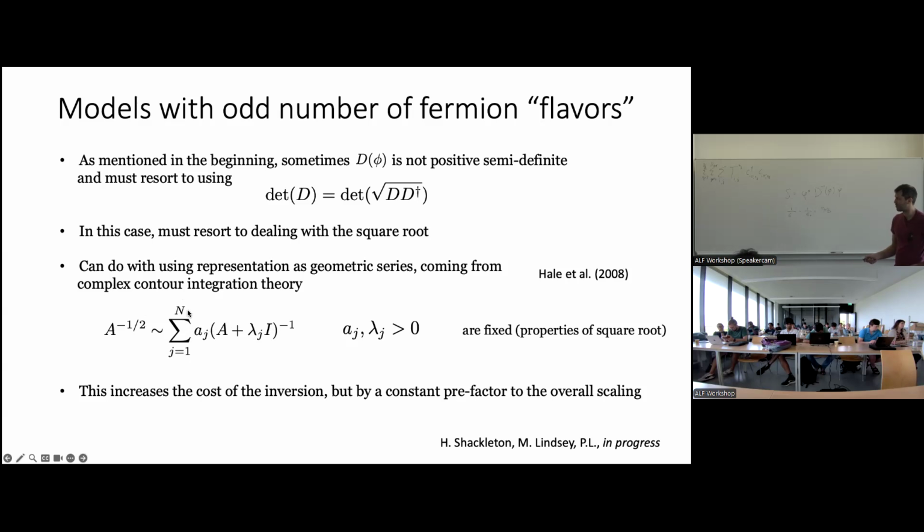So this doesn't actually increase your calculation by a factor of n, or by some smaller number. Collaborator Mike Lindsay estimates about a factor of 5 or 10 realistically, which is totally doable. And the nice thing about this approximation is that it converges exponentially fast in n.